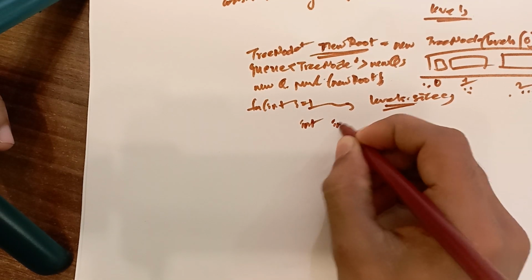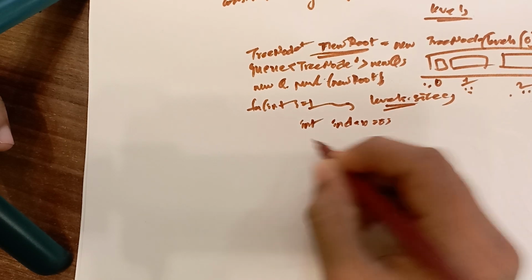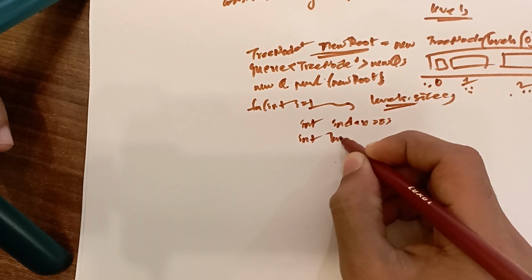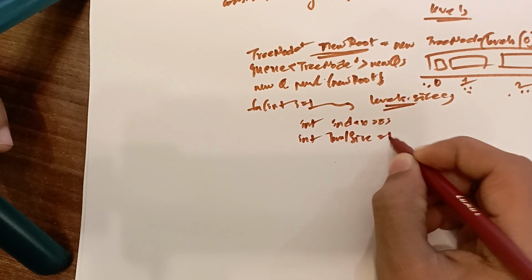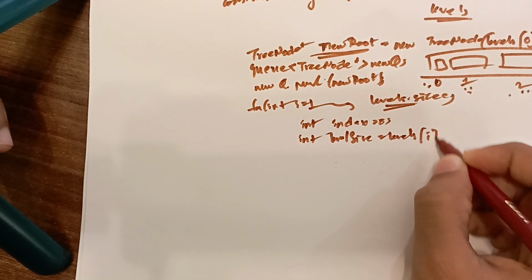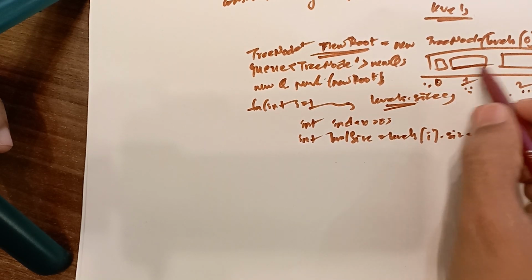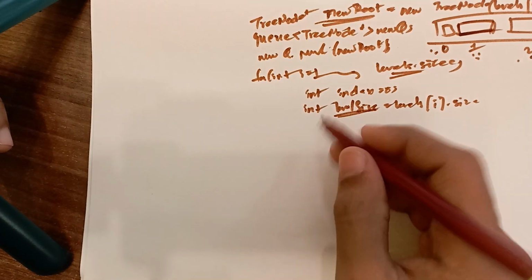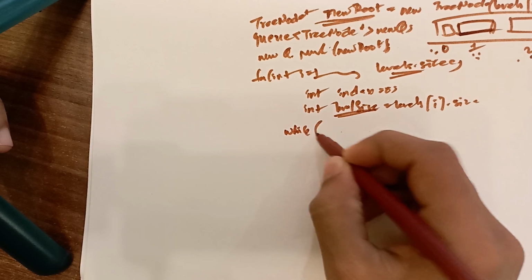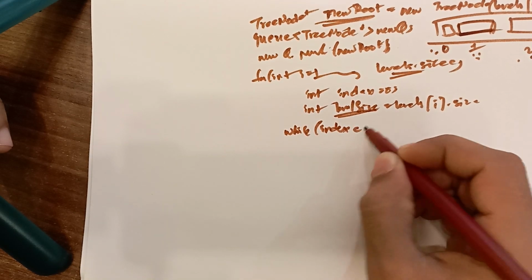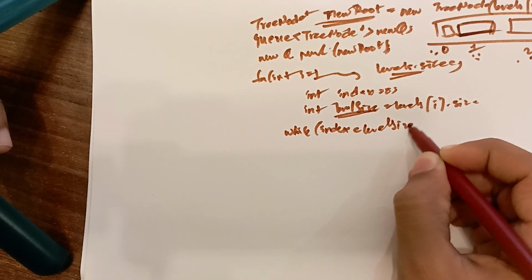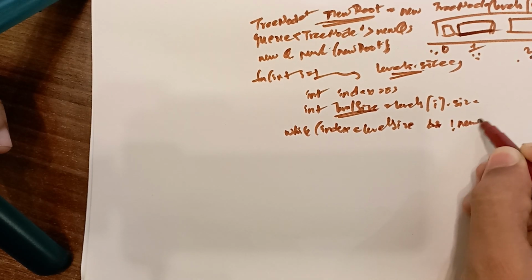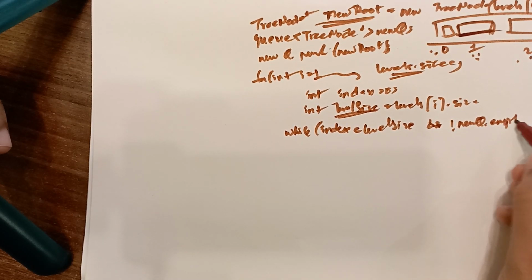Now index is equal to 0 and level size will be levels[i].size. This is the size of each level. Now while index is less than level size and the new queue is not empty.